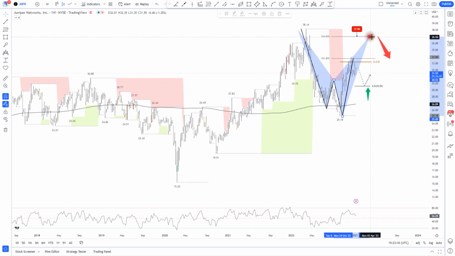And again, shorts only if you want to wet your feet trading a specific pattern: enter at 37.06 and exit, a fast enter and exit, at 31, because you never know what will happen next.